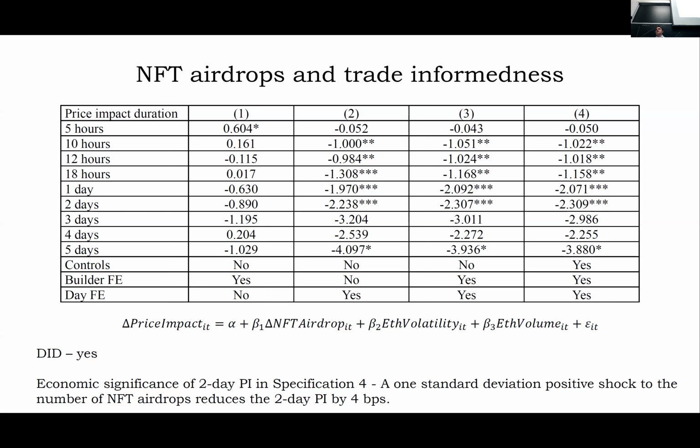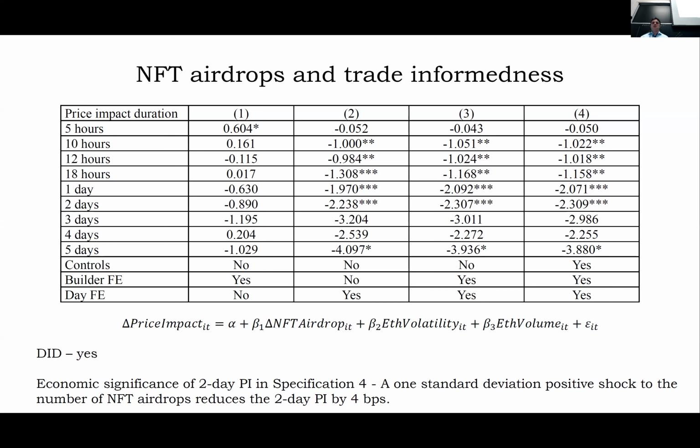So this hypothesis that there is less price discovery, proxied by this price impact measure, which is just the difference in prices, is really reflected in these regressions, right? You see that over the period of 5 days, the coefficient is always negative.